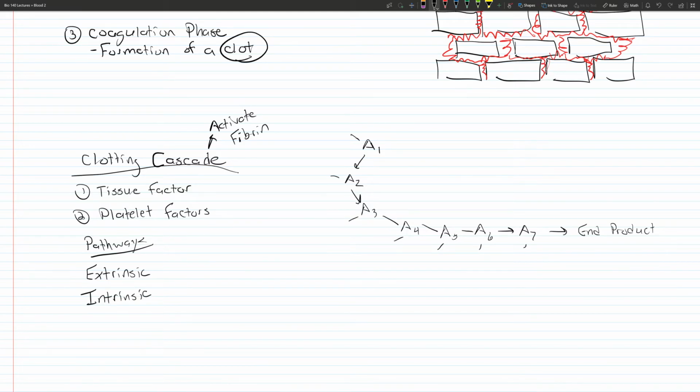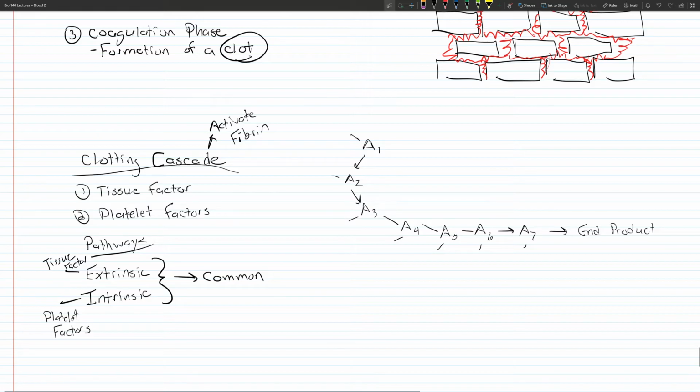Then these both come together to form a common pathway at the end. The extrinsic pathway is activated by tissue factor. The intrinsic is platelet factors. Eventually they'll join the common pathway, and then we will activate fibrin.